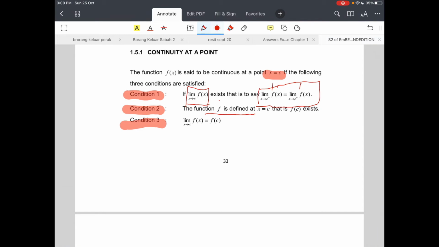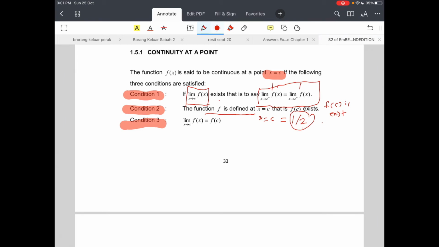So for example, if x equals c, c can be any number. Okay, if f(c) equals 1, or any number like 2, then we can say that f(c) exists. This can be any number.